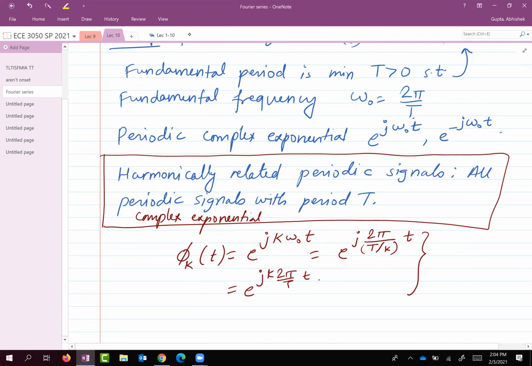What is the fundamental period of Vk(t)? Can someone compute it and tell me? Or write in the chat box.